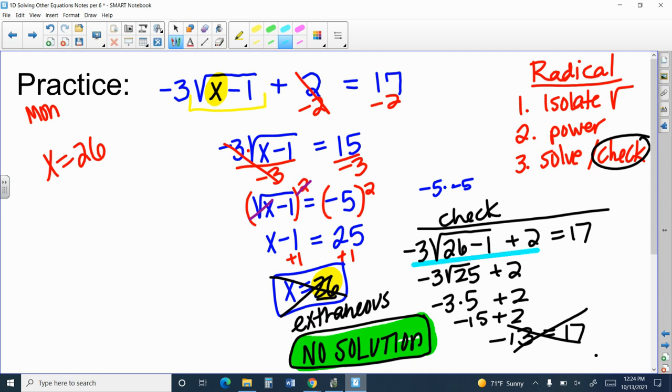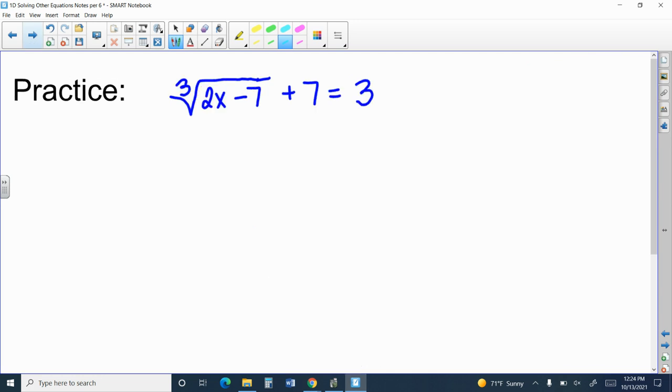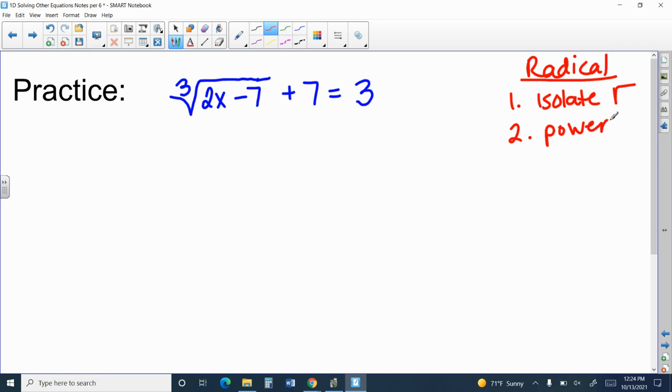We're going to do one more problem. This one is also another radical equation. So same thing, I want to isolate the radical first. Then I need to raise both sides to a power. That's where this one's a little bit different. Since this one's a cube root, what power do I have to use to get rid of a cube root?